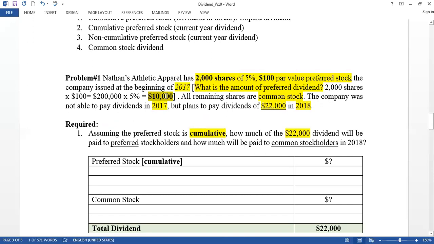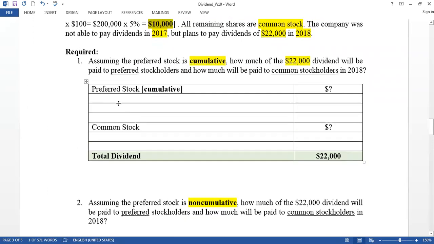So the first one, 2017, is called dividend in arrear.